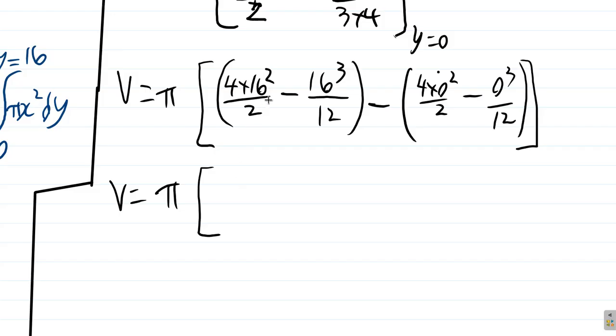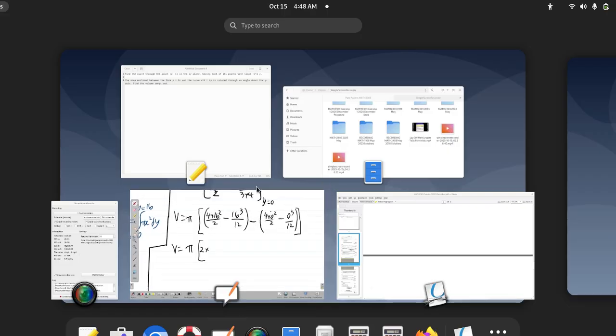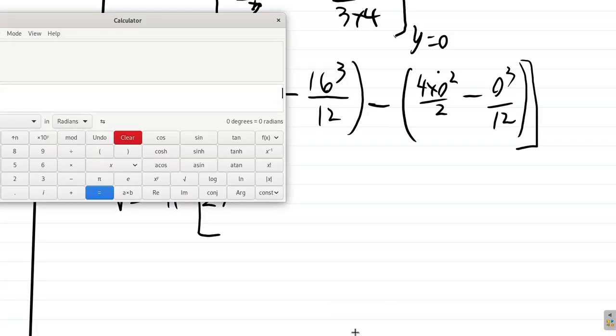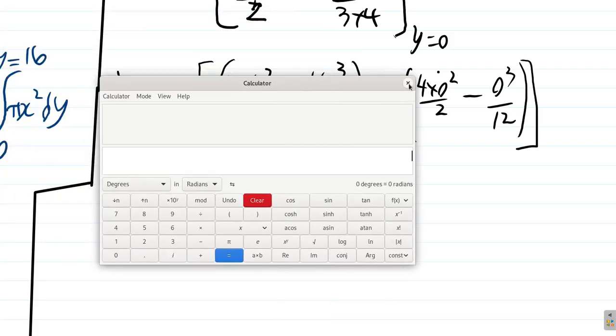So volume is equal to pi times. Alright, so what happens here? 2 into 4, 2, and 2 into 4, 2. 2 times 16 squared. What is 16 squared again? It's 256. Let me see something here. 16, just to make sure, to the power of 2.